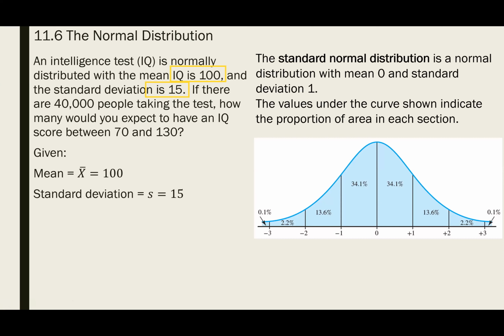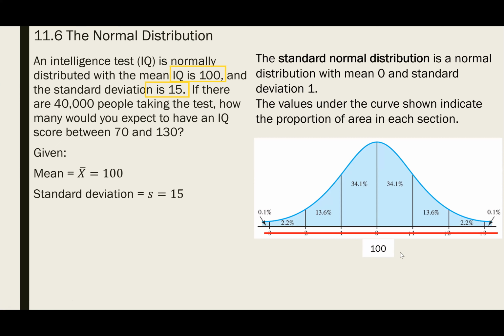If you remember the mean and the standard deviation from the previous problem, the mean is 100, which is in the center. For now, don't worry about these numbers here. Let me ask you this question.